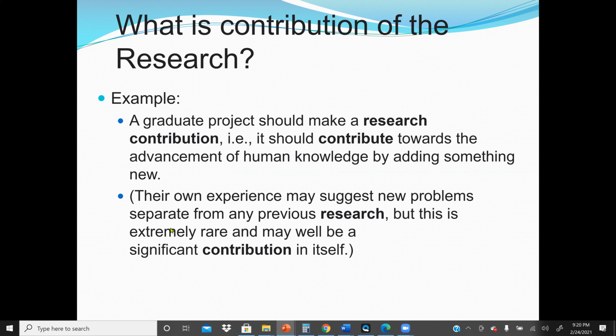So a contribution of research means we are adding new knowledge to the already known knowledge in that particular field. Their own experience may suggest new problems separate from any previous research, but this is extremely rare and may well be a significant contribution in itself.